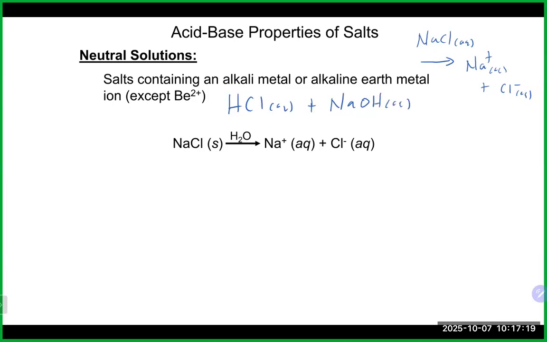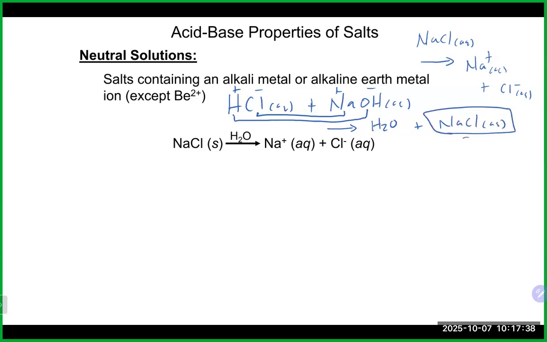So this reaction of hydrochloric acid and sodium hydroxide is most likely our double displacement reaction happening here. These two guys go this way, this way. This is what's going to produce our water and our salt, which is sodium chloride in this case.